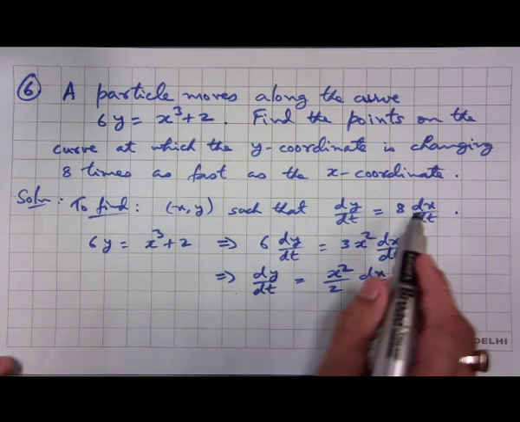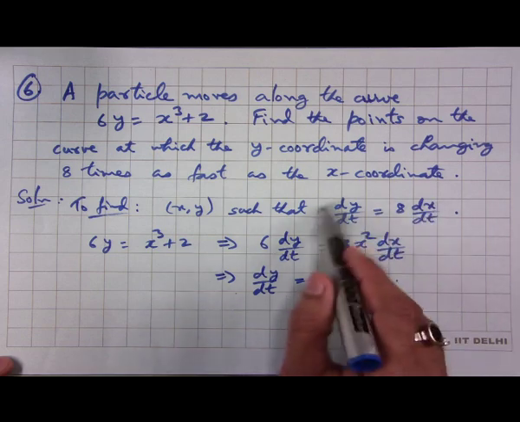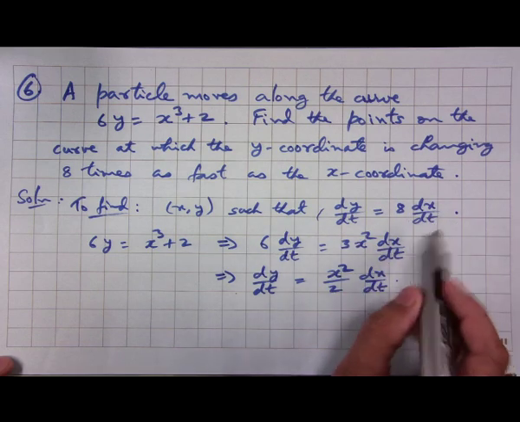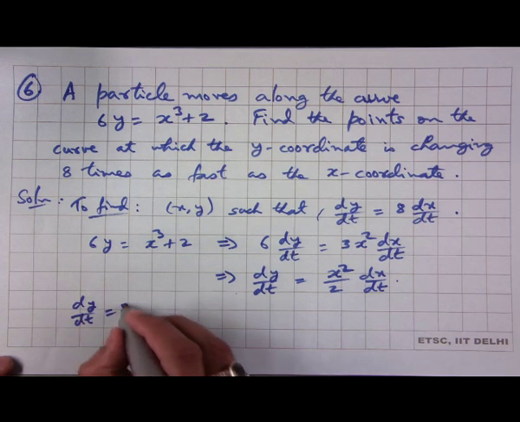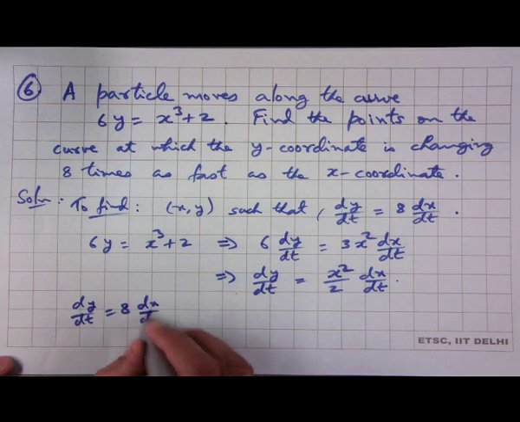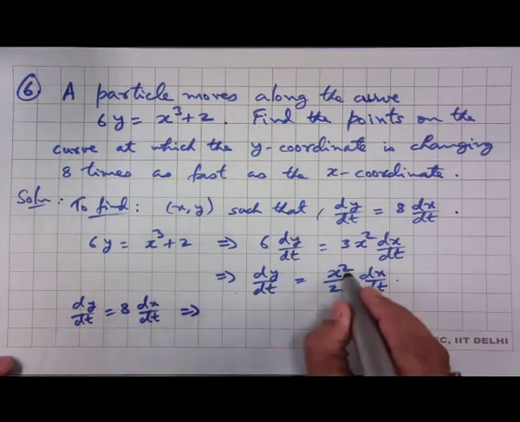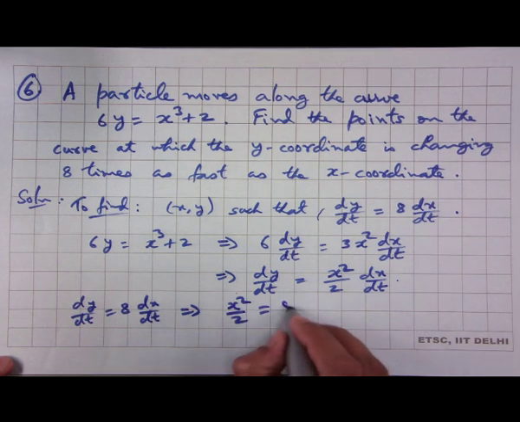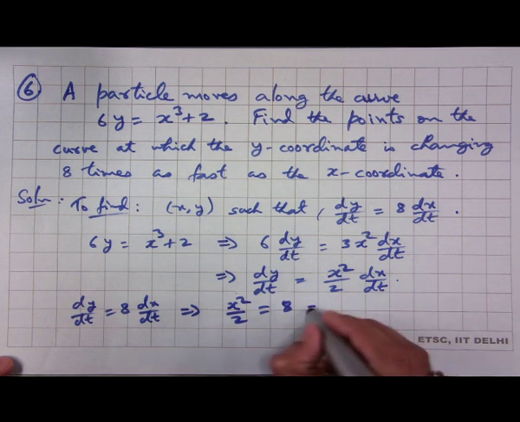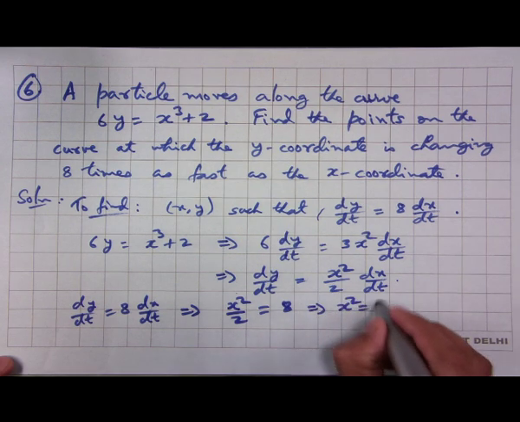Now, we need to find this (x, y) such that dy/dt is 8 times dx/dt. For that, if dy/dt is 8 times dx/dt, this implies that this factor x squared by 2 must be equal to 8, which implies x squared is 16.